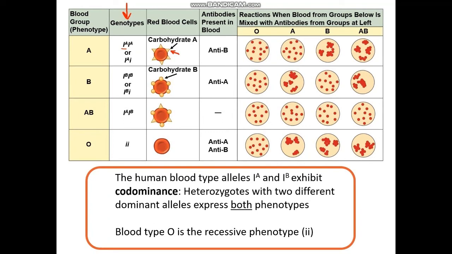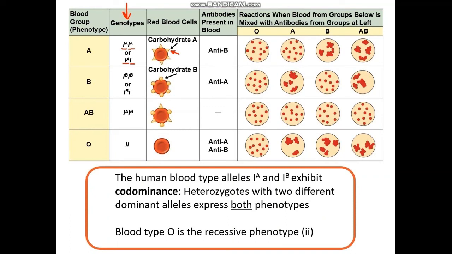Now that's true whether you have capital IA or two copies of capital IA. It's also true if you have only one copy of IA and a recessive i as well. In both these cases, you make the A-type antigen alone.